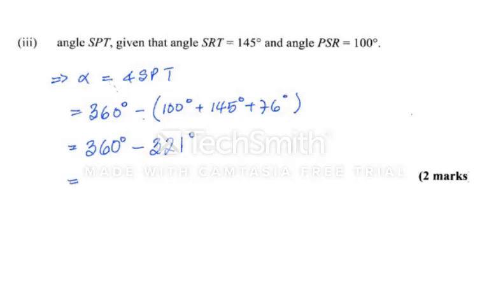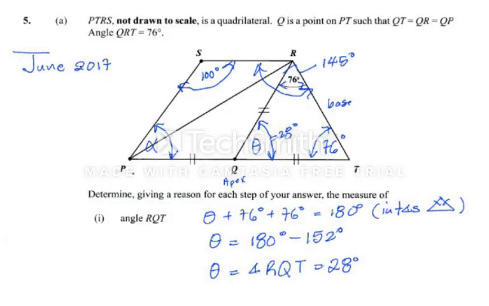So let's double check to ensure that that is correct. 100 plus 145 plus 76 is 321. And so the angle here is 39 degrees. So go back. The angle here, that's alpha, is 39 degrees.